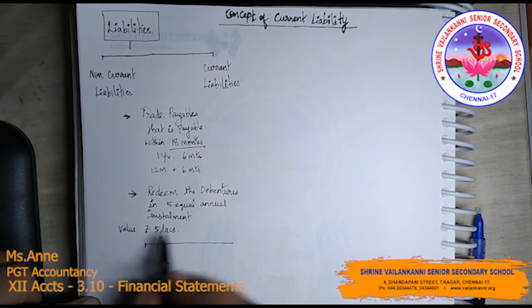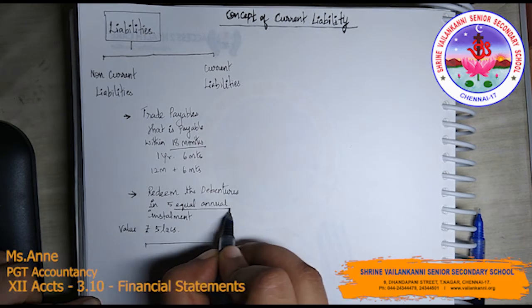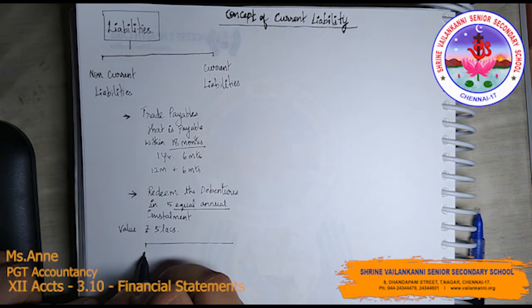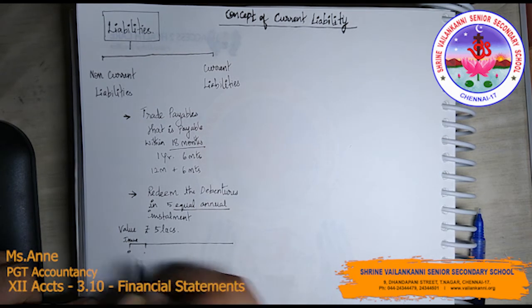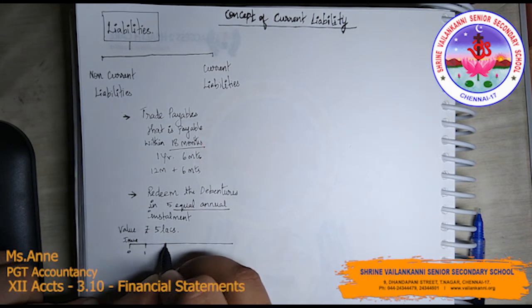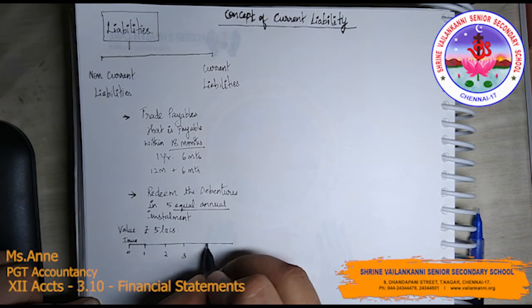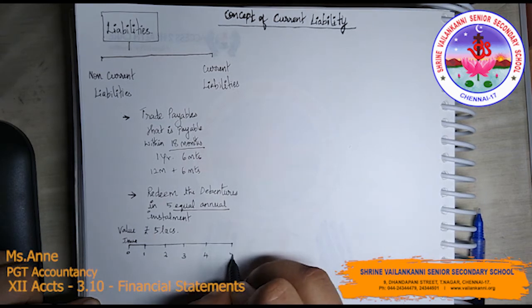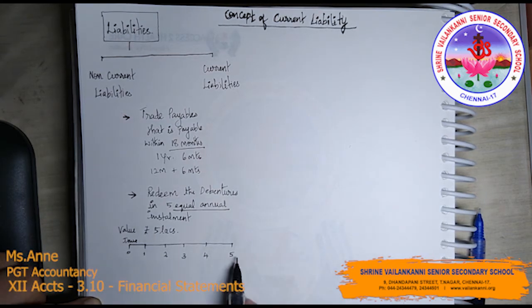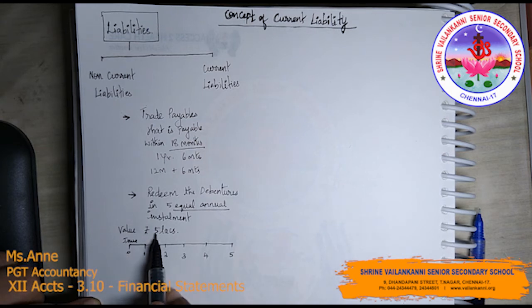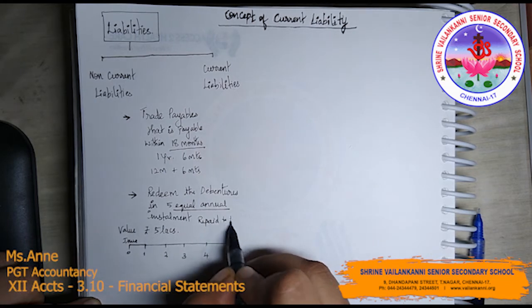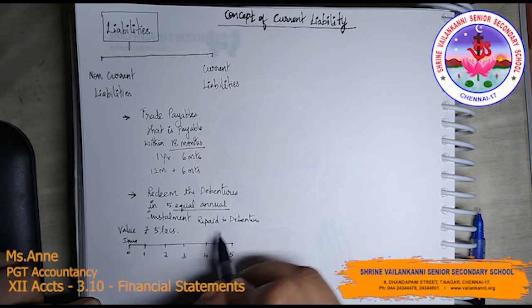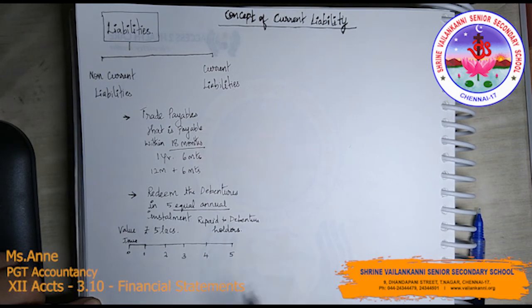The year that you are issuing, we are taking it as 0. Then first year, second year, third year, fourth year and fifth year. Okay, we have 5 years. This 5 lakhs is to be repaid to debenture holders in 5 equal installments.